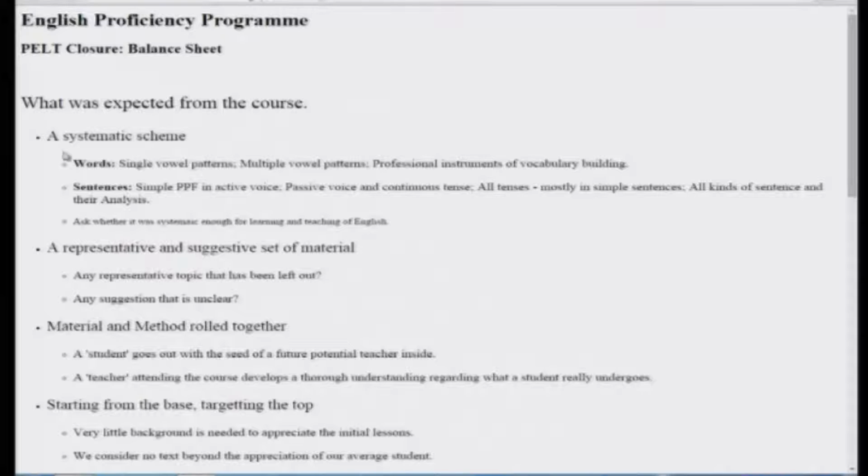First, we promised a systematic scheme to teach English. In that, so far as words are concerned, we first developed a single vowel pattern of words, that is, word families having single vowel patterns. That was in quarter 1, and then we covered multiple vowel patterns in quarters 2 and 3.